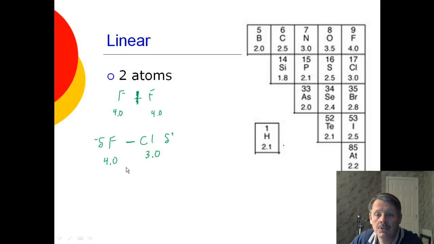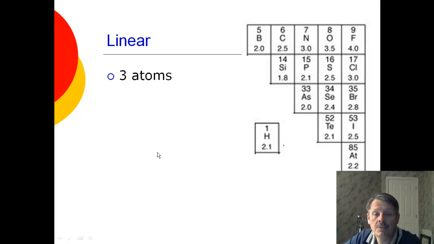And you'll notice that they're different by more than 0.4. So that means our bond is polar, which means our molecule is polar. You'll notice that the center of the negative charge is over here by fluorine, and the center of the positive charge is over here by chlorine. So they are, in fact, in different places. Okay? So there we have a polar molecule.